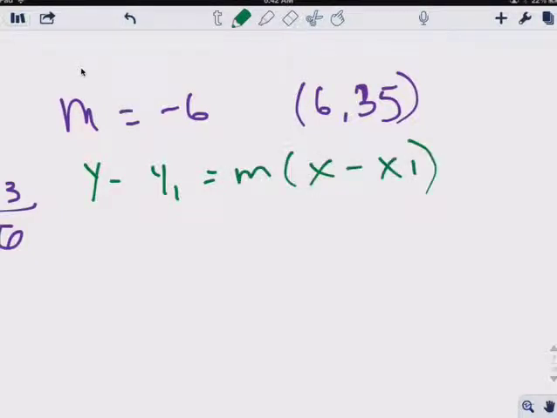It's point slope formula. y minus 35 equals negative 6 parentheses x minus 6.